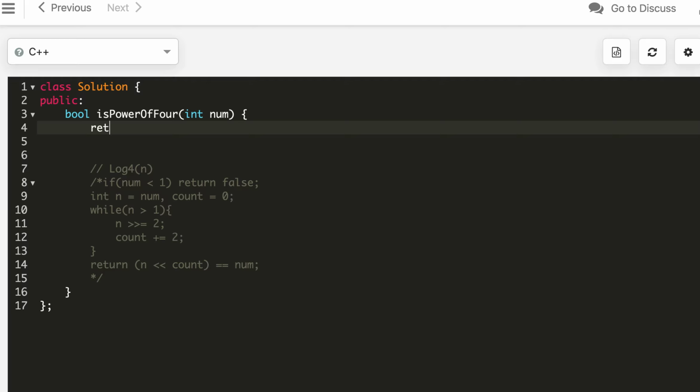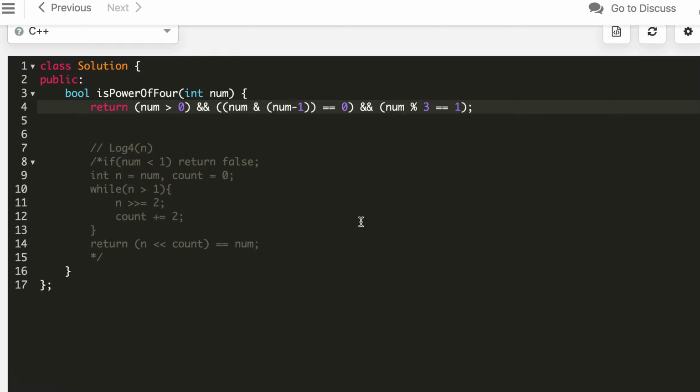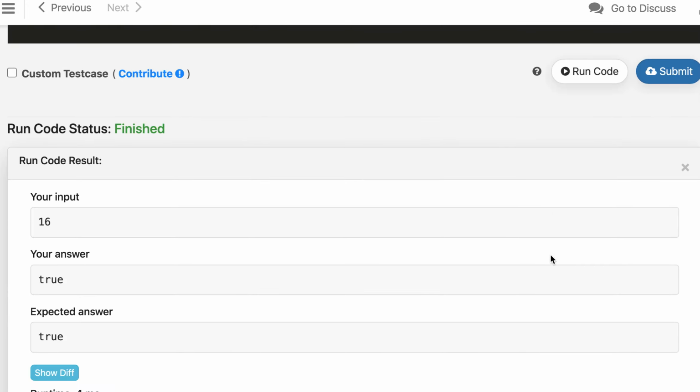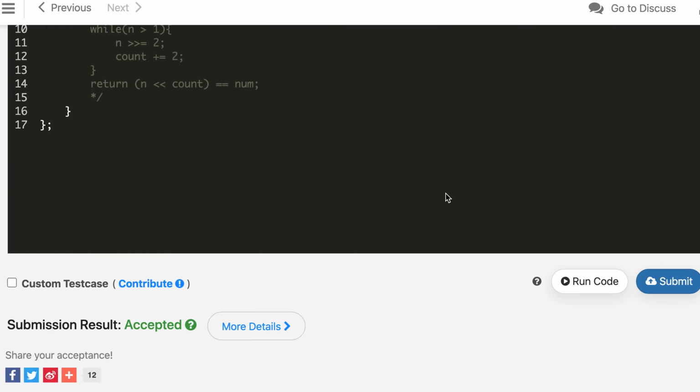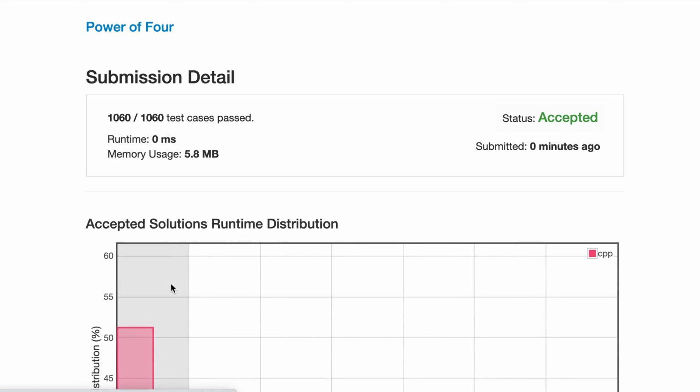So we can write in one line, return num greater than 0 and num and num minus 1, this should be 0, and num modulo 3, this would be equal to 1. And this is also accepted. So this is the O of 1 solution and we get 0 milliseconds.